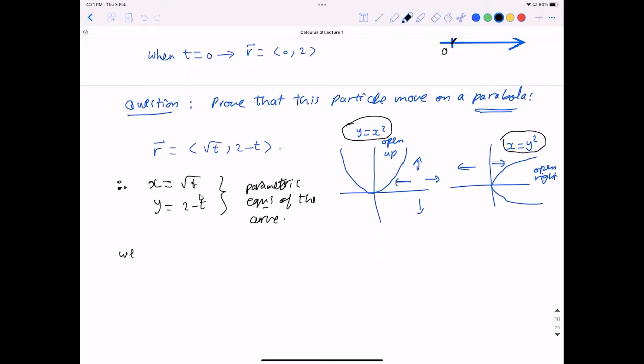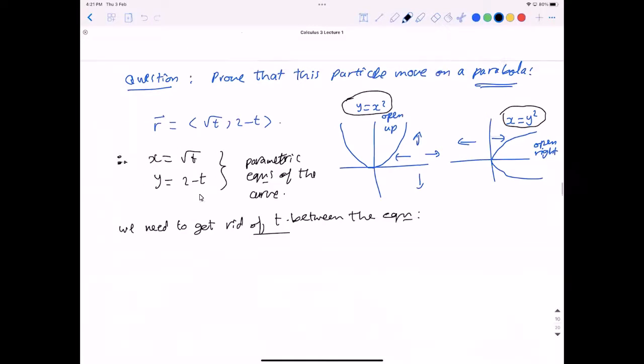So we need to get rid of t between these two equations, the same way we got rid of cosine t and sine t in the example of the previous lectures. There we squared the cosine and squared sine and added them.